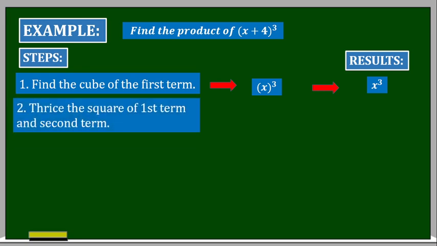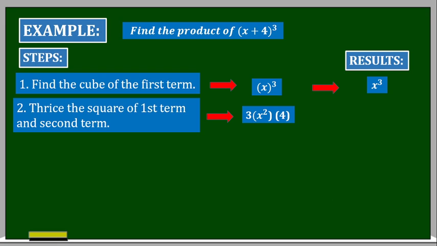Next, number 2, thrice the square of the first term and second term. Ayan. The first term is x. Okay? You square x, and then after that, multiply it by 3. So, 3 times x squared. And then, you multiply it by the second term, which is positive 4.